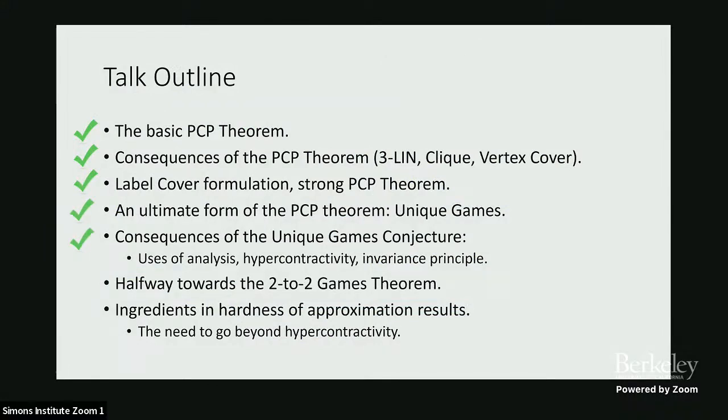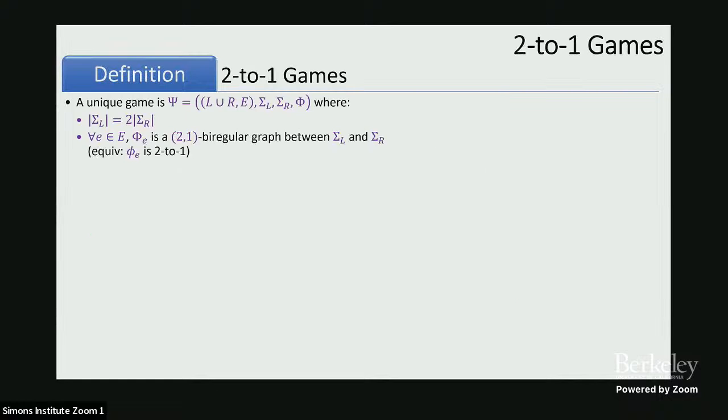Okay, so next, I'm going to tell you a little bit about some progress about 2-to-1 games. So what is a 2-to-1 game? As with everything in this talk, a 2-to-1 game is a label cover instance, but you have some additional structure.